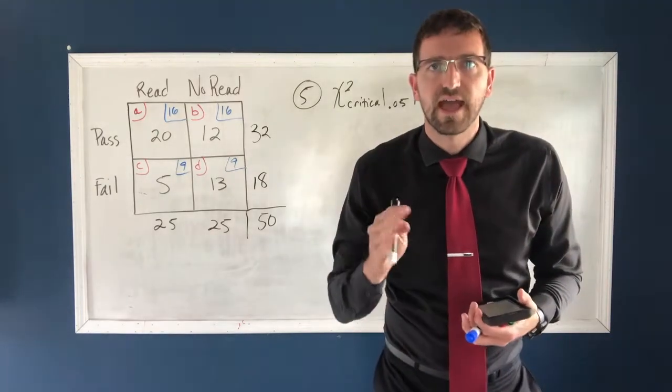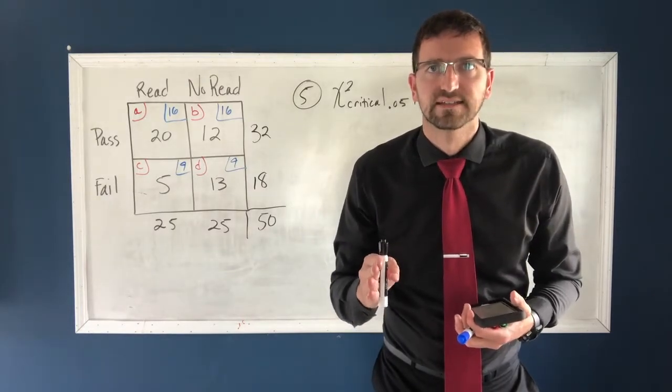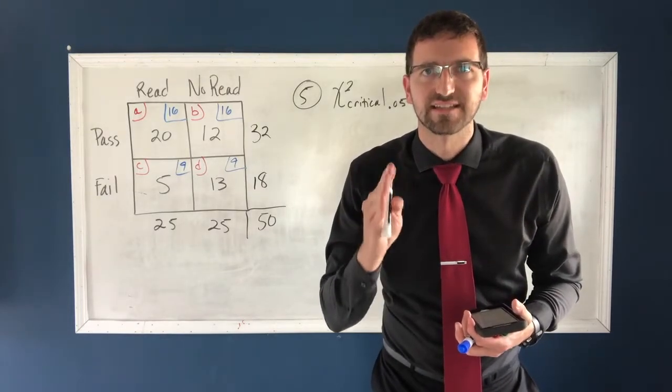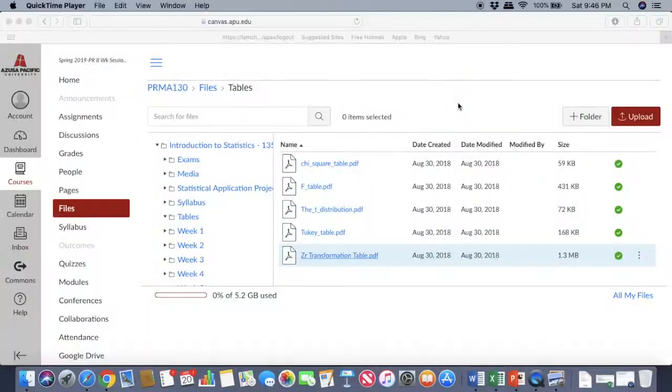So let's go ahead and take a moment to figure out what the chi-squared critical is. In order to find the chi-squared critical value, you need to go to Files, Tables, and then download the chi-square table.